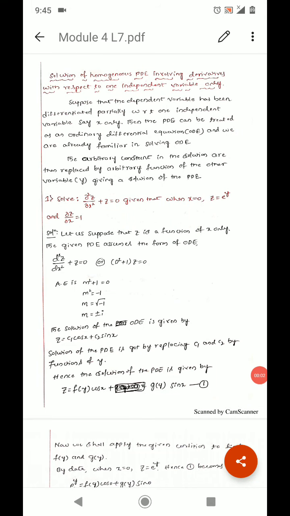So next we are going to find out the solution of homogeneous partial differential equation involving derivatives with respect to one independent variable only. Suppose a dependent variable is differentiated partially with respect to only one independent variable, say that is x. Then the partial differential equation can be treated as an ordinary differential equation.